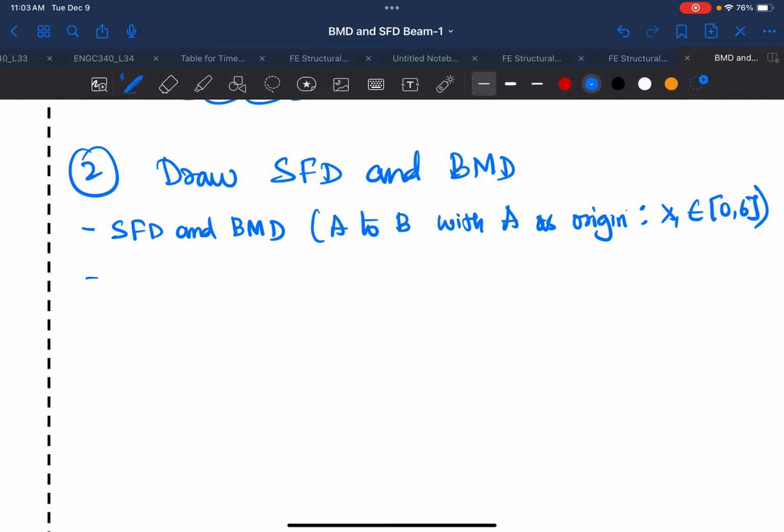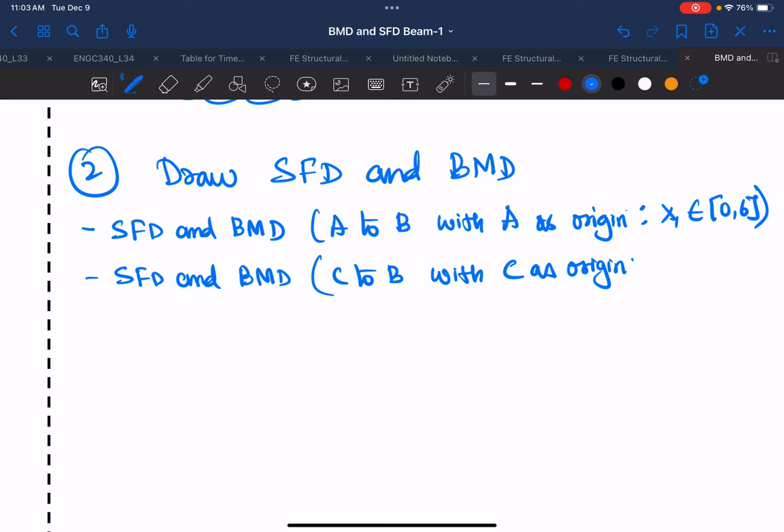And then we have the SFD and BMD not B to C but C to B with C as origin, and the limit for x2 will be 0 to 3. Okay, so that's what we are going to do.